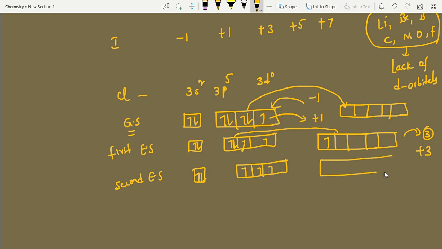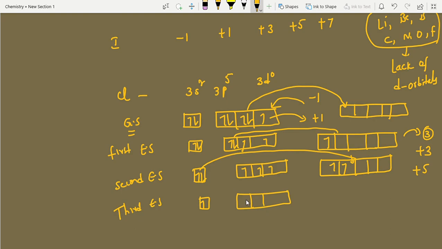Unpaired electrons only participate in bond formation. 5 electrons ready to lose, so +5. Last, this paired electron jumps here, and the rest is as it is.